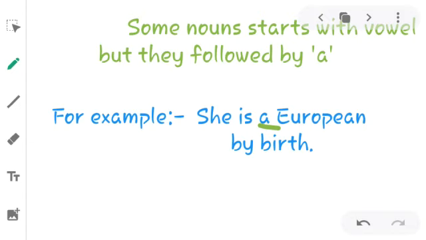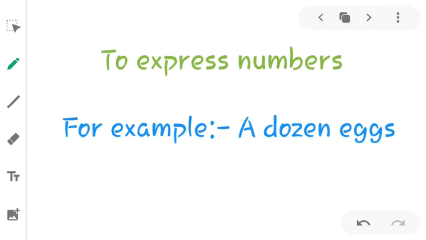There is a university in this town, or I do not want to be a part of a union. Even though they begin with e or u, which are vowels, we still use a before them. It's for some exceptional cases.